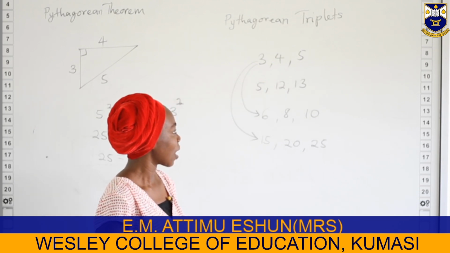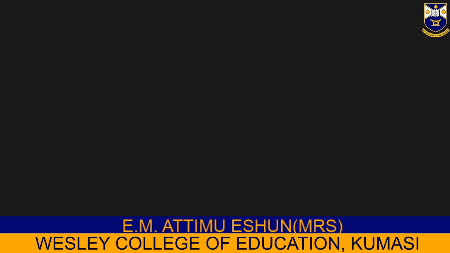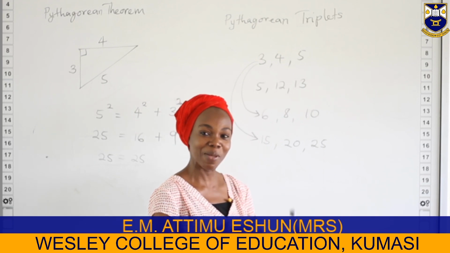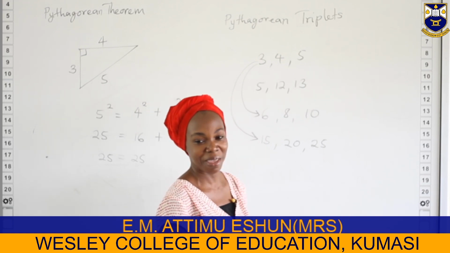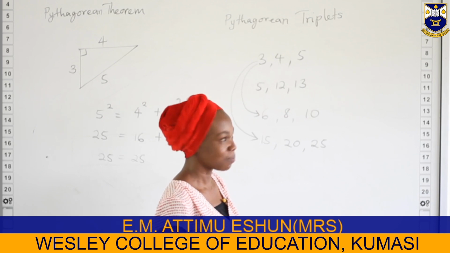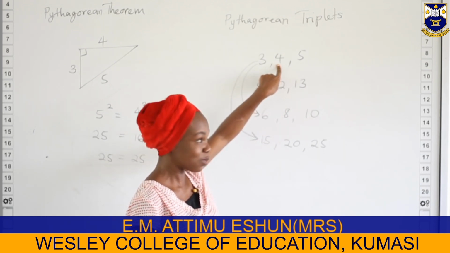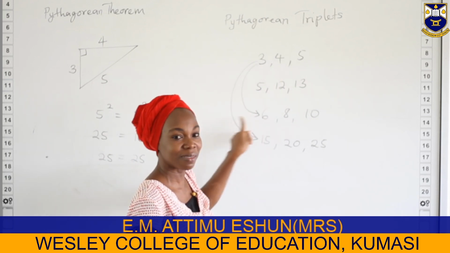Now with the primitive ones, we have quite a number of primitive Pythagorean triplets. We are calling them primitive because they help us to generate more of the Pythagorean triplets. So this is a primitive Pythagorean triplet, and yet we can use it to generate more.